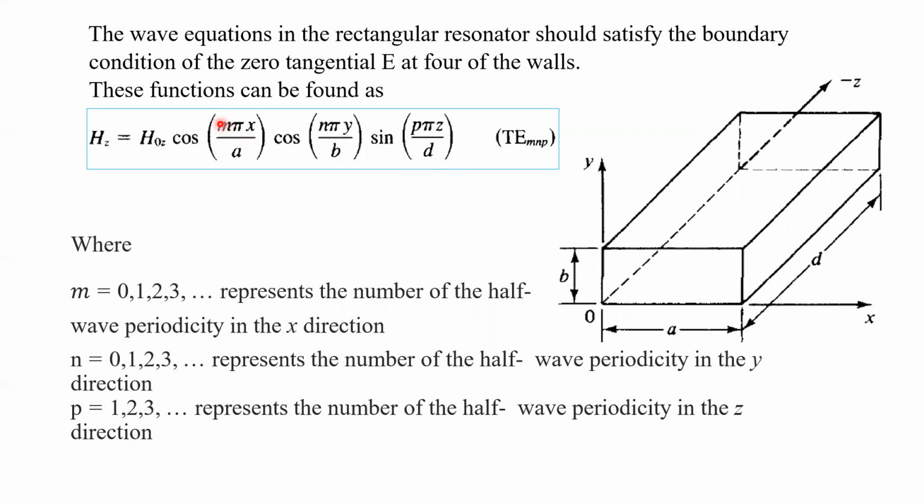Here M represents the number of half wave periodicity in the X direction, N represents the number of half wave periodicity in the Y direction, and P determines the number of half wave periodicity in the Z direction. M starts from 0 to infinity, N starts from 0 and ends at infinity, P starts from 1 and ends at infinity.